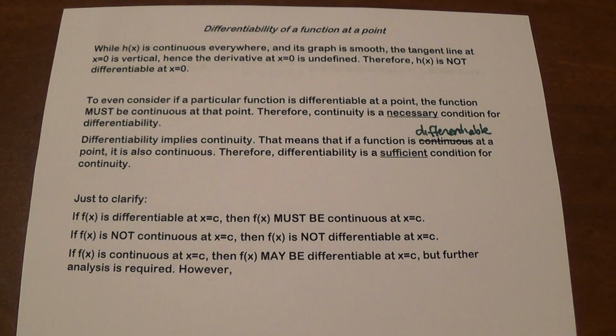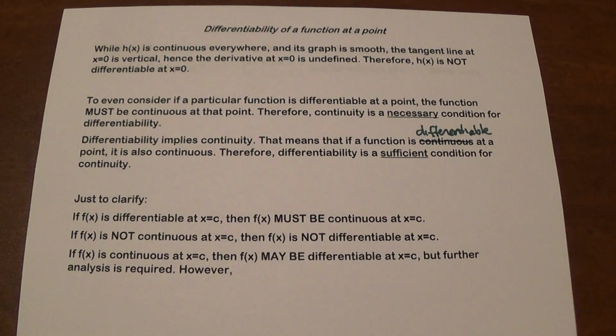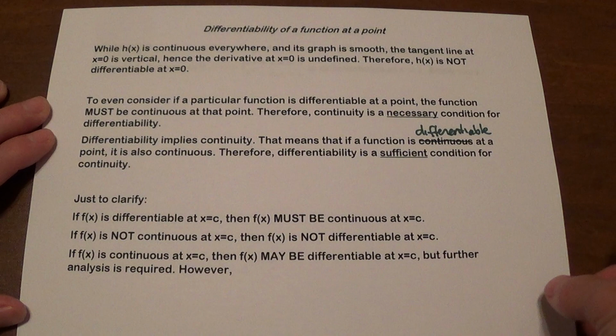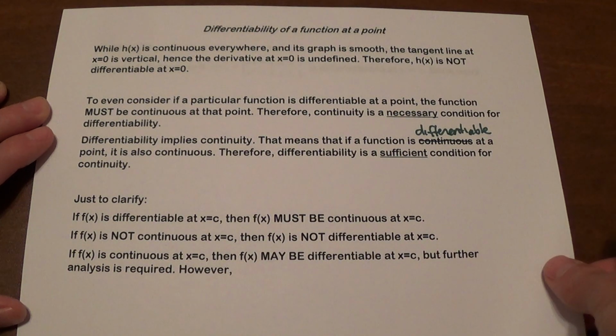If the function is differentiable at c, it will be automatically continuous at c. If the function is not continuous at c, there is no way the function can be differentiable at c. And if the function is continuous at c, then the function may or may not be differentiable, but then you're going to need further analysis. But we know that differentiability will imply continuity.